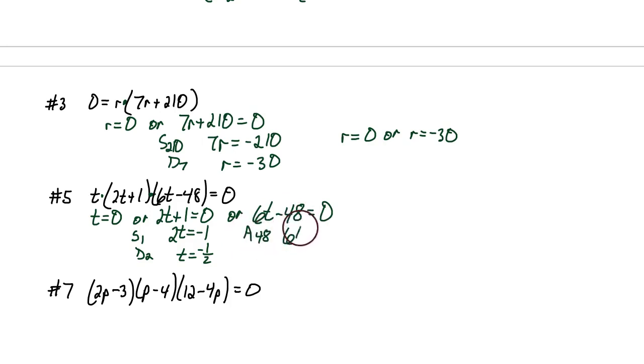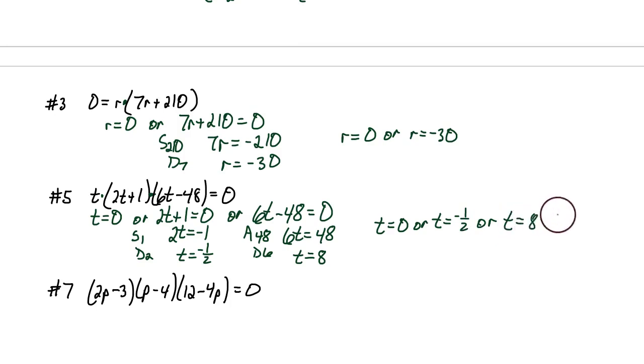So we have 6t equals 48, and then divide by 6. So t equals 8. Remember the word or connects all these results together. Let's go over here on the side and write our answer. t could equal 0, or t could equal -1/2, or t could equal 8.